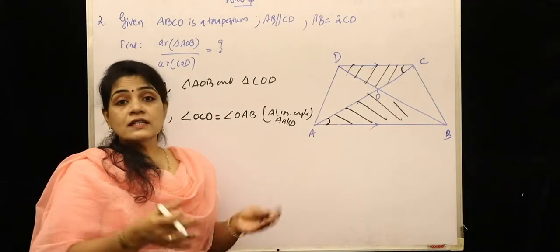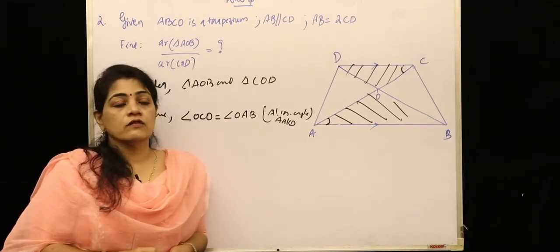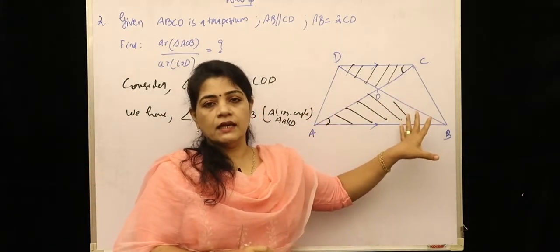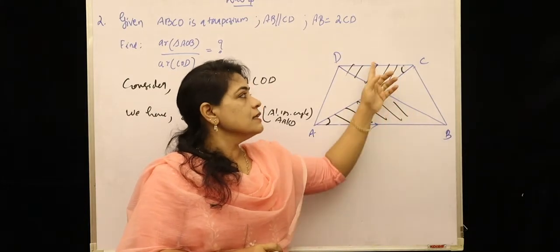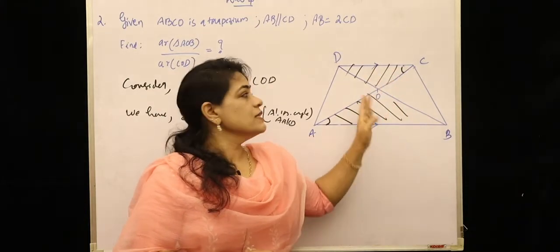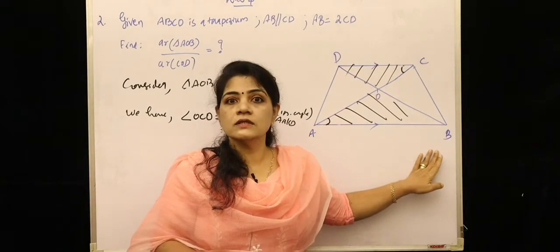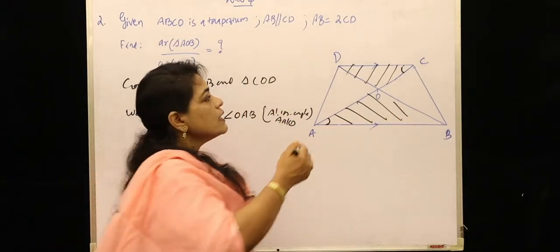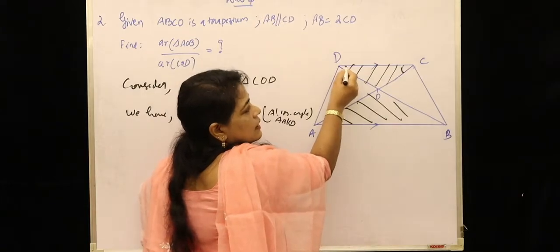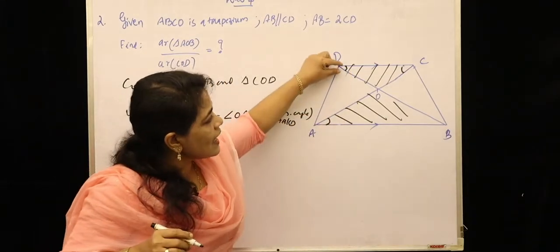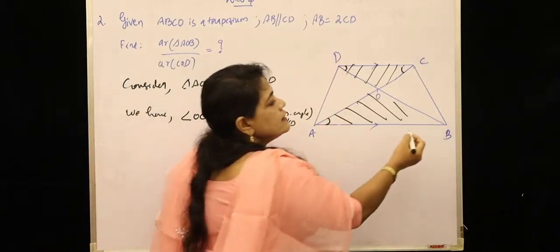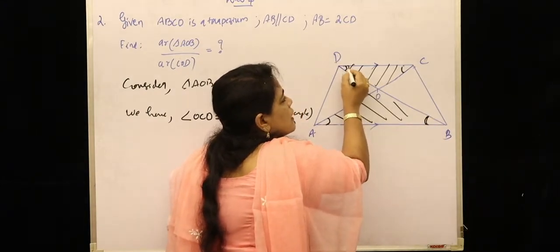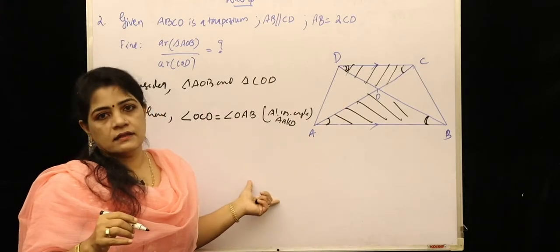Not only AC as a transversal, what about BD? This diagonal BD is intersecting these two parallel lines. That means BD, as the second transversal, is cutting these two parallel lines. You can see this angle and this angle are equal, for the same reason.